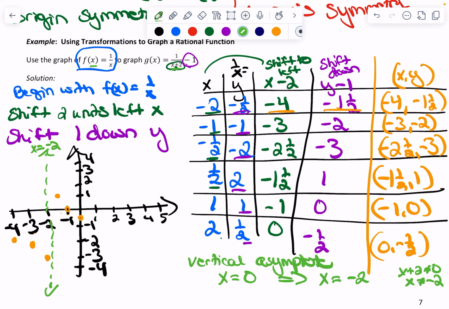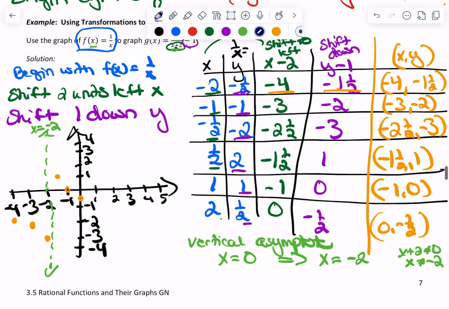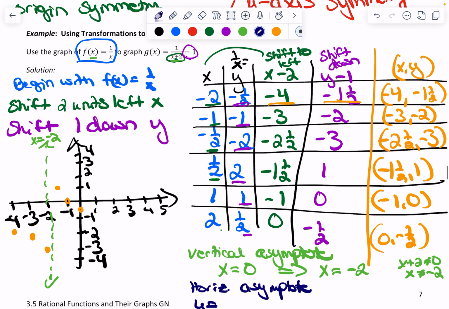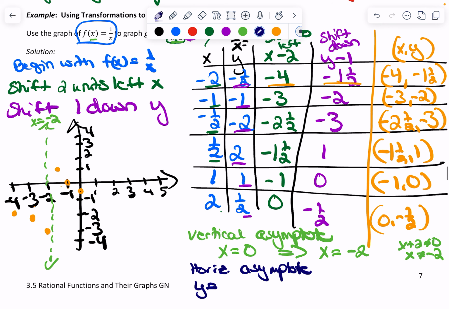Our horizontal asymptote in the original one, the degree of the numerator is less than the degree of the denominator, so it is going to be y equals 0.